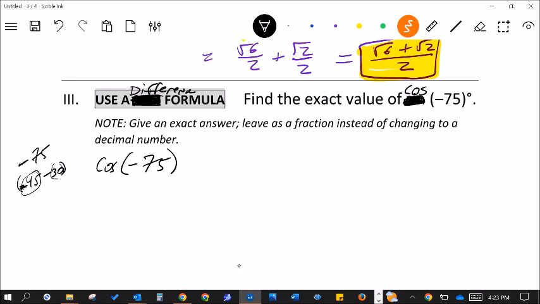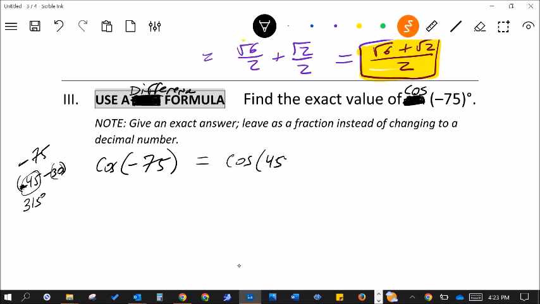So we could use the negative formula, but for the negative 45, we want to go backwards and see it as the 315 degrees that it is for the normal direction counterclockwise around the unit circle. So we want to try to keep to counterclockwise around the unit circle.